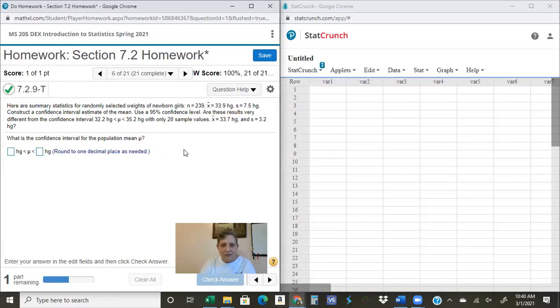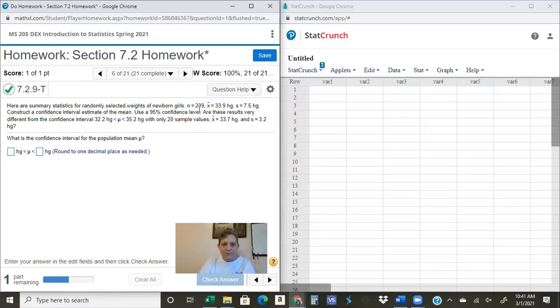Use 95% confidence level. And then it asks another question: are these results very different from the confidence interval of 32.2 up to 35.2 with only 20 samples? And then they give us the data about how they went about getting that confidence interval.